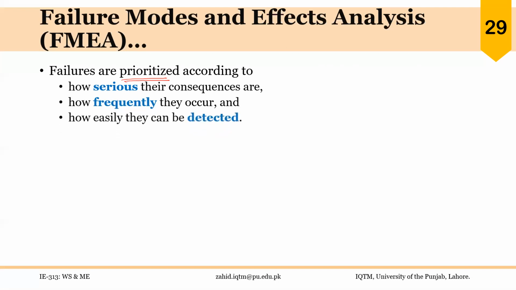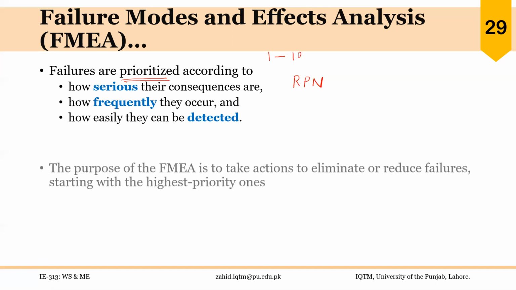The third is how easily they can be detected. And we generally rank all these factors on a scale of 1 to 10 and multiply these three scores to find what is called RPN, or risk priority number. So greater is the RPN for a certain failure mode, the more priority we will give it to address.